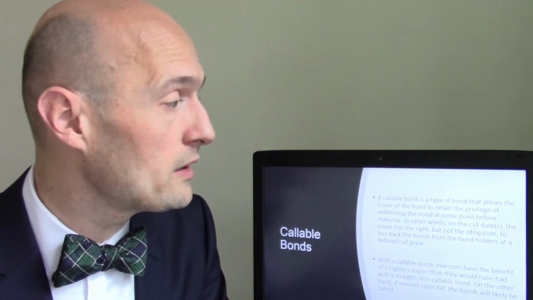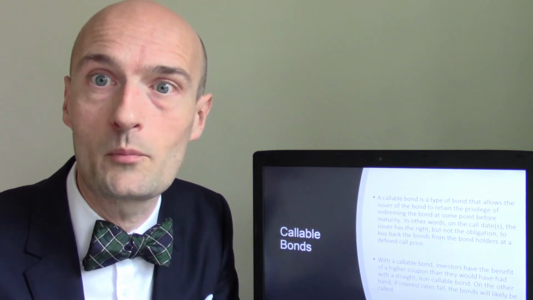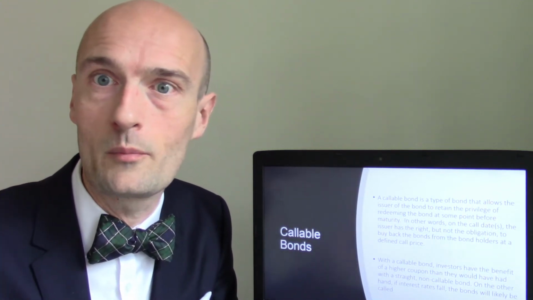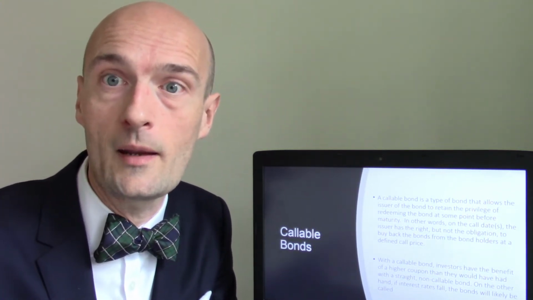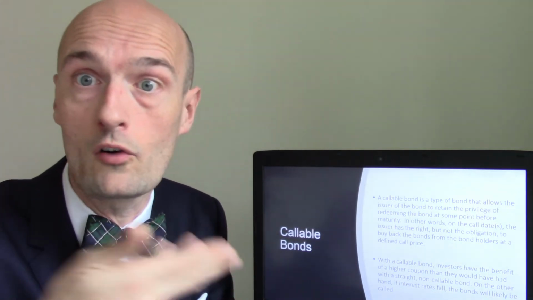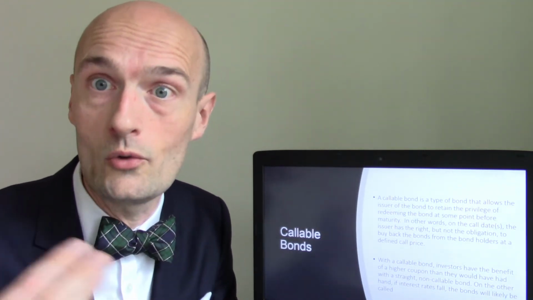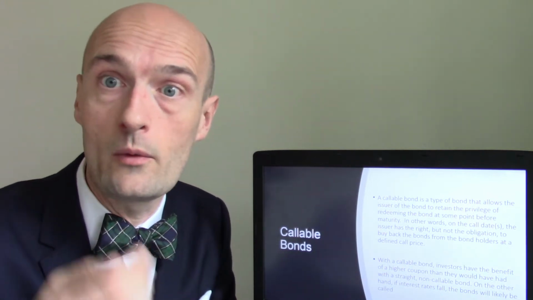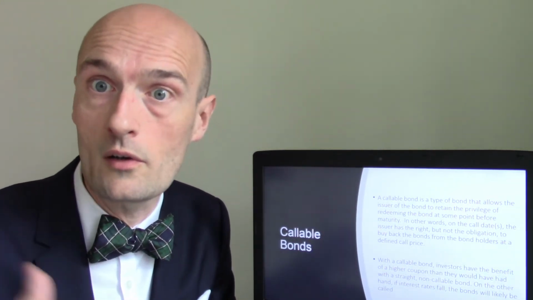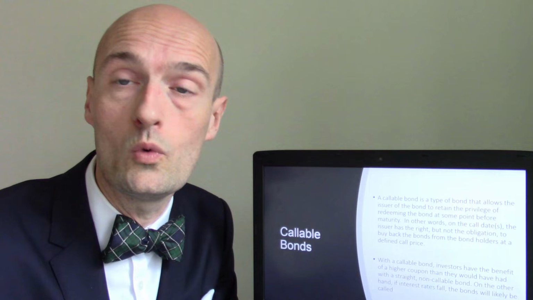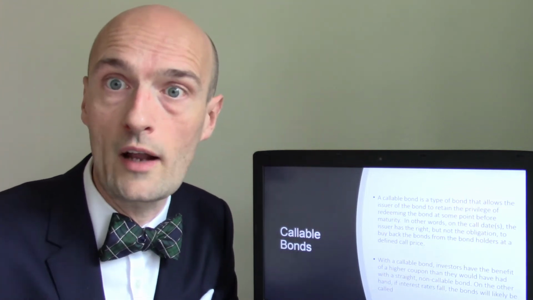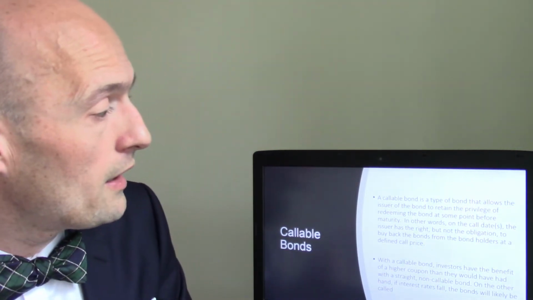Now, it can equally be if your credit rating has improved, right? If your credit rating has gotten better and interest rates have stayed the same, you should still be able to borrow at a lower rate with this new, better credit rating. And so you might want to call those bonds or pay them off and issue a new one to replace it at a more attractive interest rate to you.